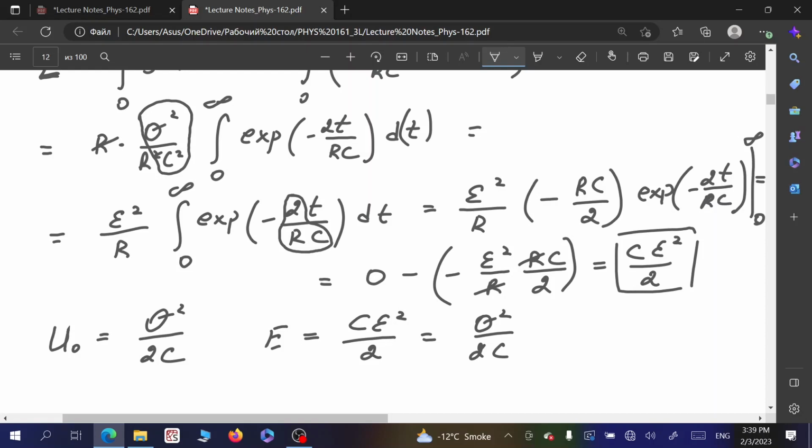And this discharge process will be also defined by the exponential function, which has a characteristic parameter, RC product, this tau. So the larger the load resistor, the slower this discharge process will happen.